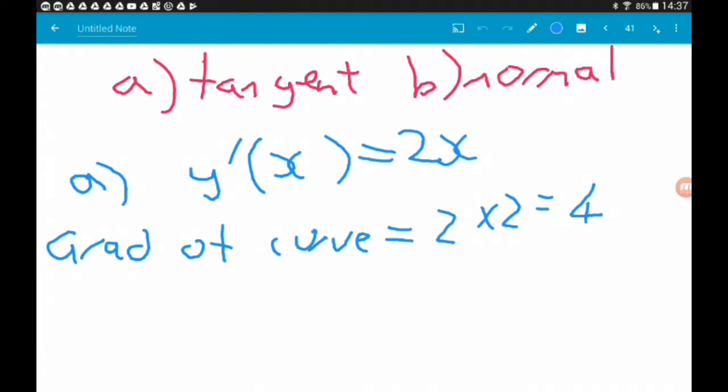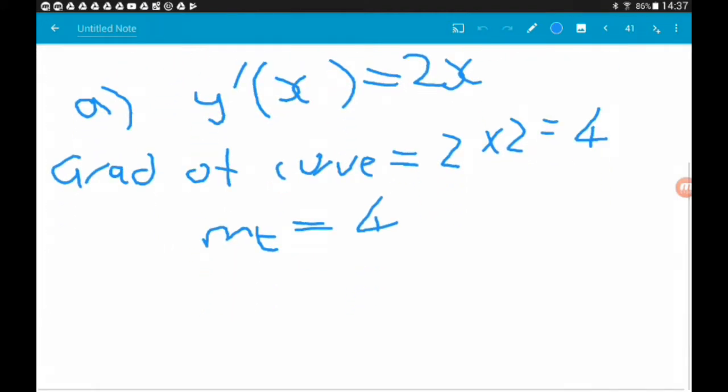So that also gives us the gradient of the tangent at this point. I'm just going to call it m tangent. So the gradient of the tangent is 4. Now we substitute that into y equals mx plus c.